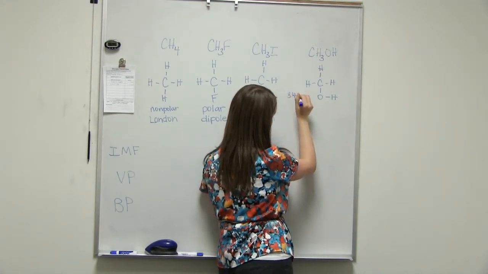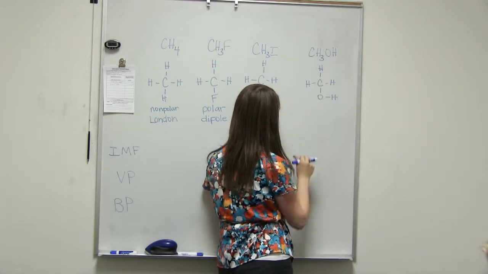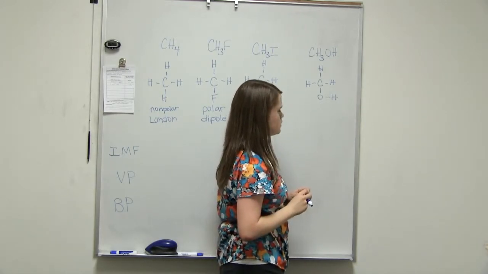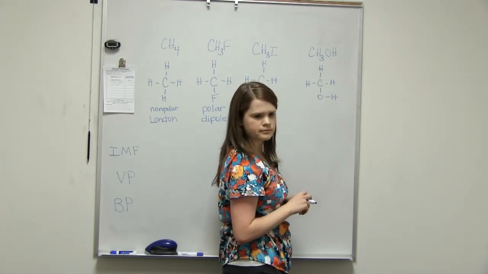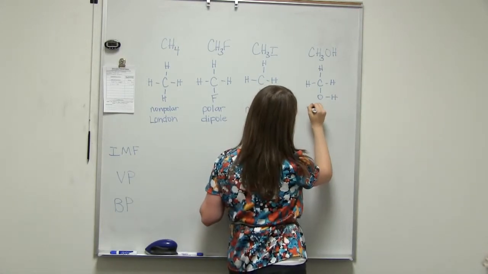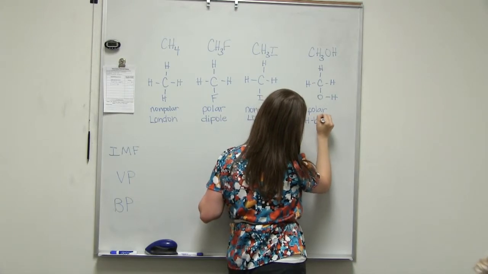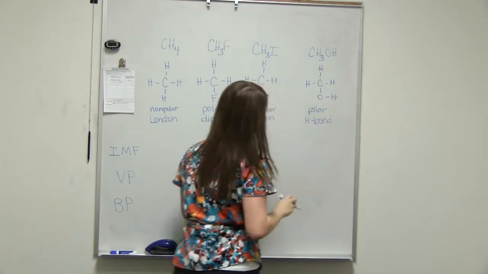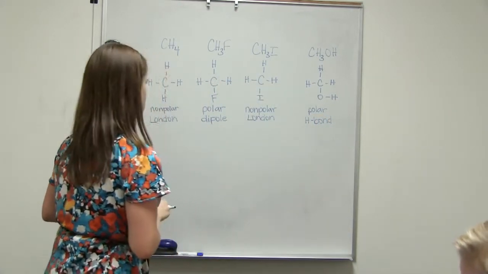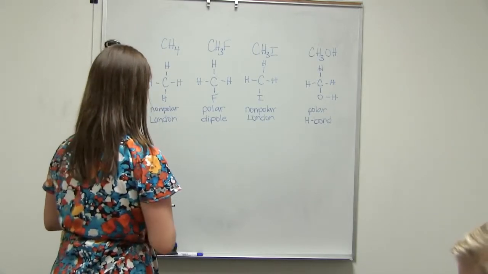CO, yeah, is, which would make it at least a dipole. Is there an H bond? Yes, with that OH, it makes it polar, and it's also H bond. So the strongest intermolecular force is H bond.